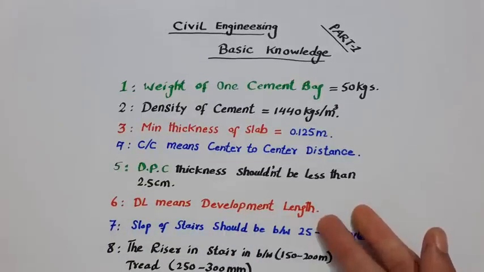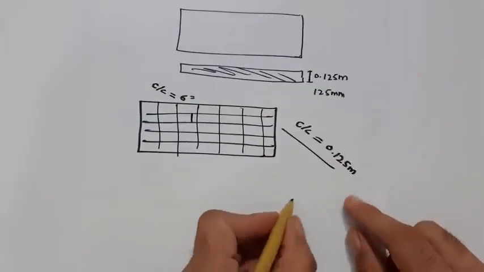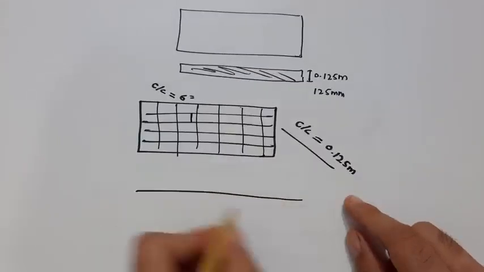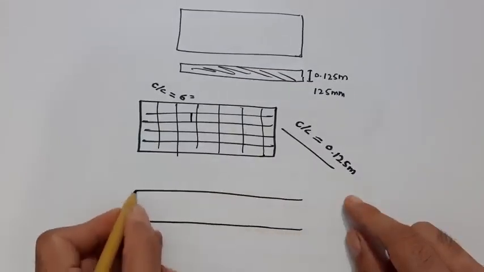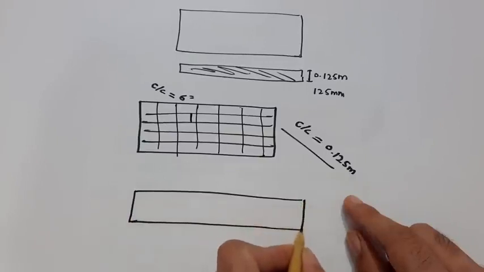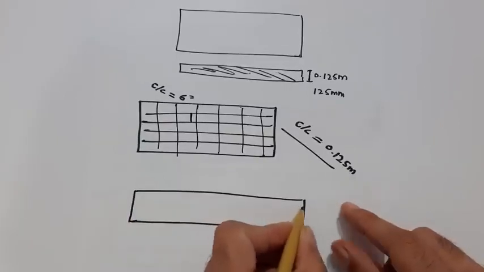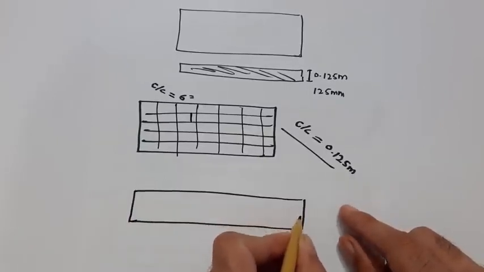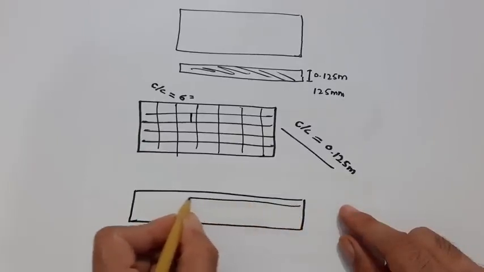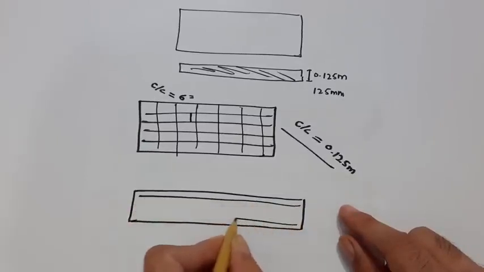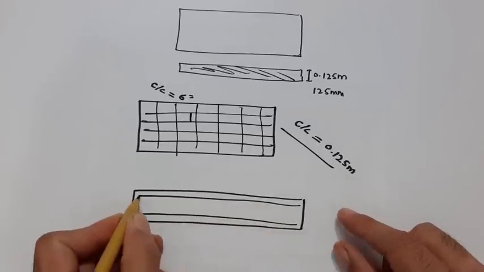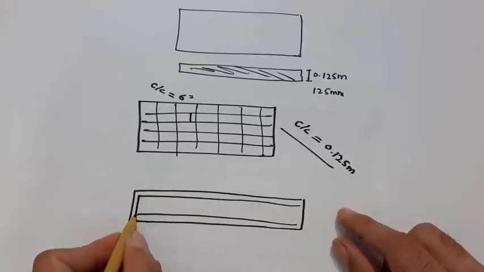The sixth one is, guys, DL, which means development length. What is development length? Guys, you can see here, this is a beam. Inside this beam I am providing the steel rods, in long section. You can see these are steel rods. This one steel is coming to the downside and this one is going to the upward side.